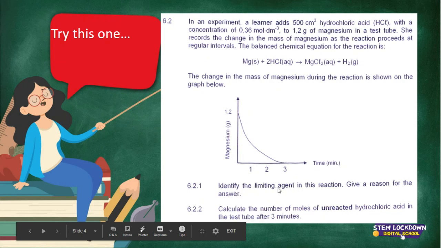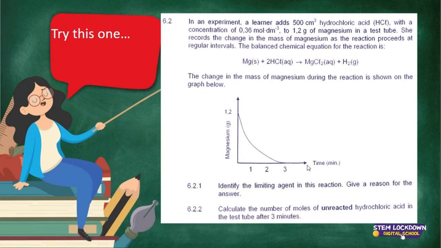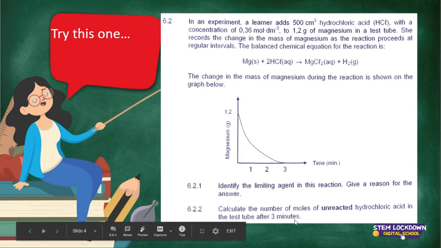So identify the limiting reagent in this reaction. It is magnesium. Why? Because after 3 minutes, magnesium was used up. There was no magnesium left. All the magnesium was used up.